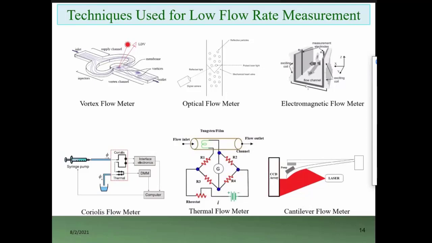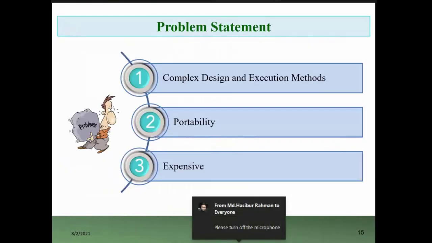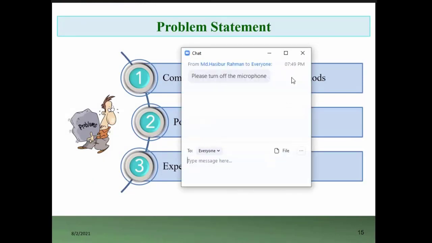So we can see that there are many techniques to measure low flow rate. There are other sensors which I didn't include here. More or less, the main problem in all of these sensors deals with the complexity in their design and execution method.